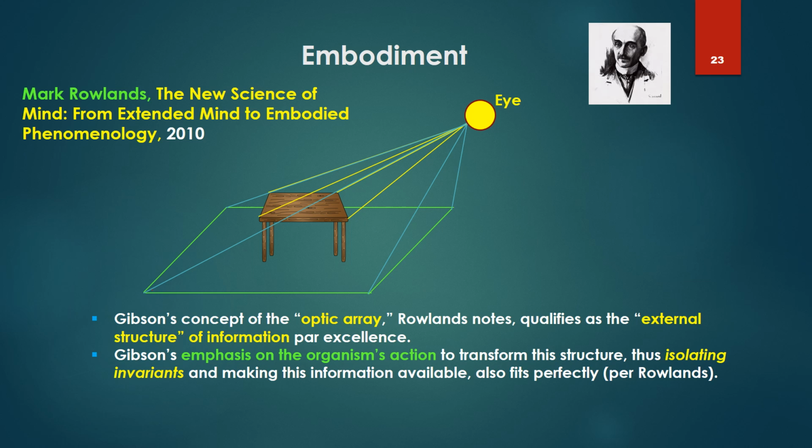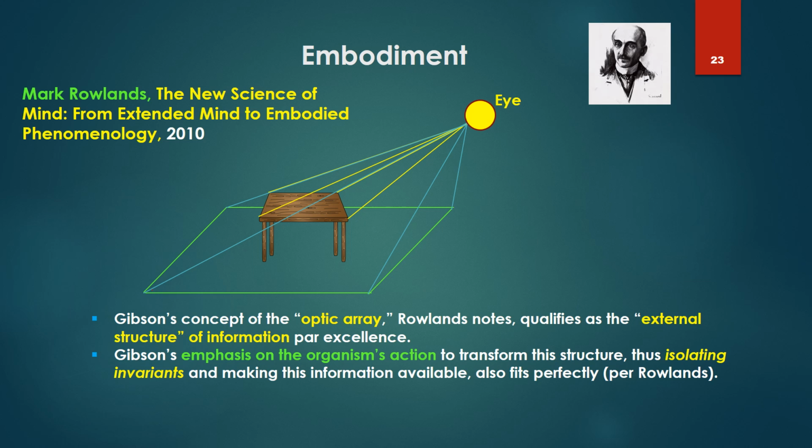Now, Gibson's concept of the optic array, which I've never discussed, Rowlands notes, qualifies as the external structure of information par excellence. So let me describe the optic array very quickly. The optic array, as Gibson described it, can be looked at as a set of four-sided pyramids.